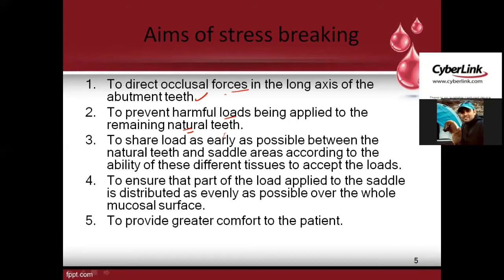Therefore, it would provide greater comfort to the patient.